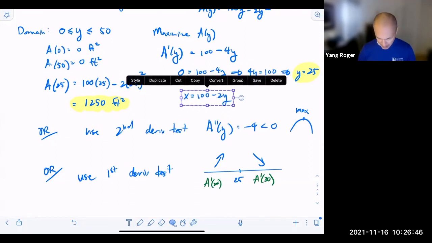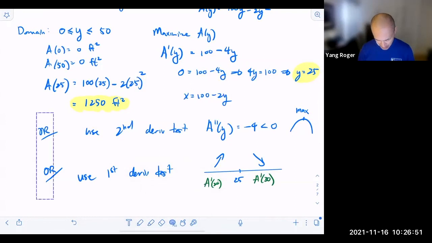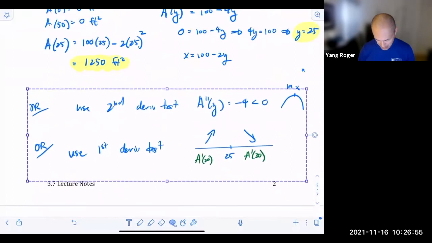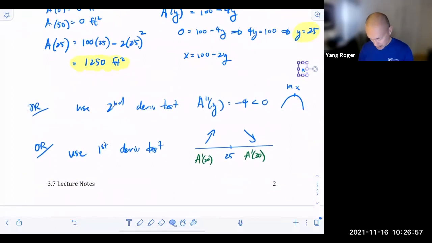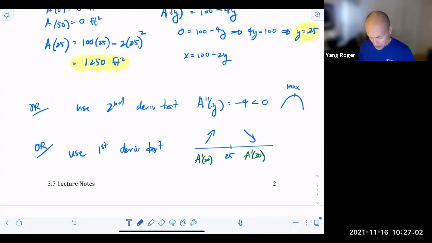Sorry, let me move this down a little bit. Okay. So this is going to be 100 minus 2 times 25. That gives you x equal to 50. So the dimensions are 50 by 25, and the maximum area is 1,250 feet squared.